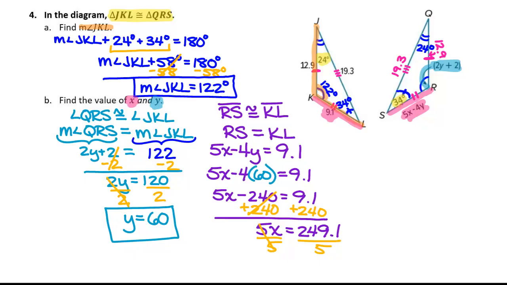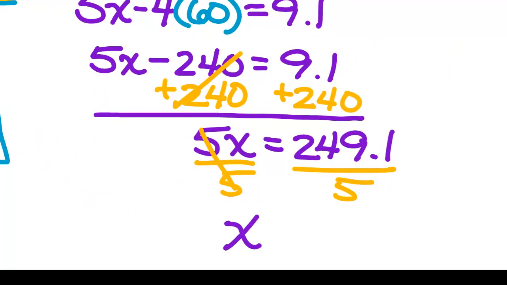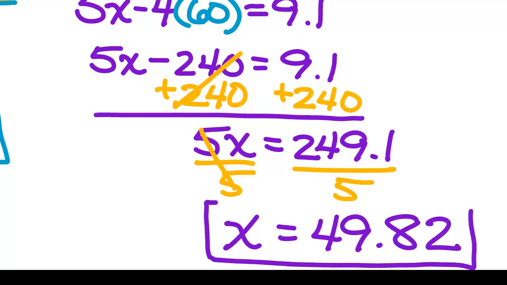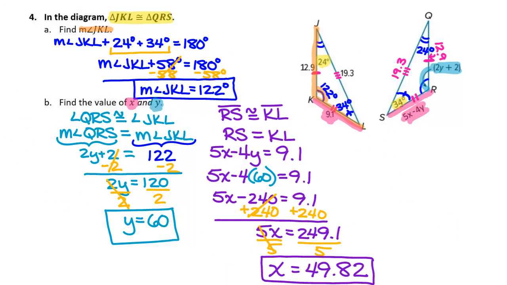What do you get for x? 49.82. We're going to give all the decimal places on that one because it stops at 2 decimal places on the calculator. There is no reason to round if it's only out to 2 decimal places. Very nice work.